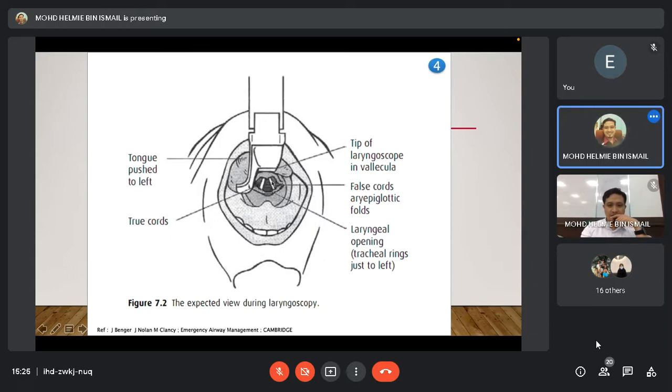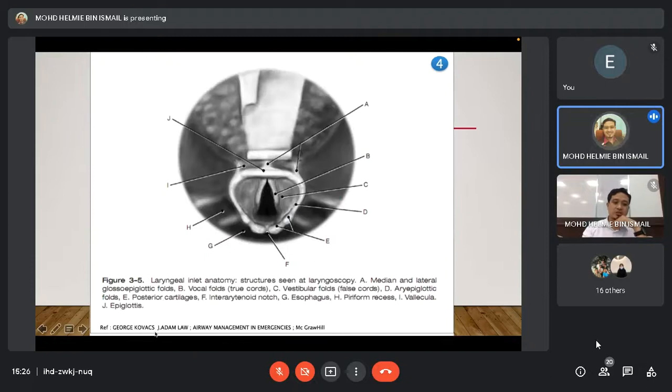Inside, what you see is the true cord, where you can see the inverted V, and inside the inverted V you can see the laryngeal opening or the tracheal rings, also called the Cormack sign. The reference is George Cormack. When you see the tracheal rings through the vocal cord, that is the Cormack sign. The Cormack sign is not good.